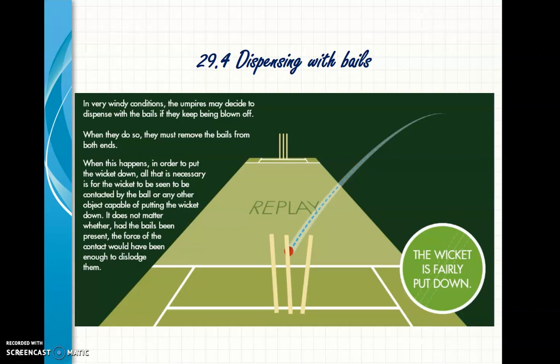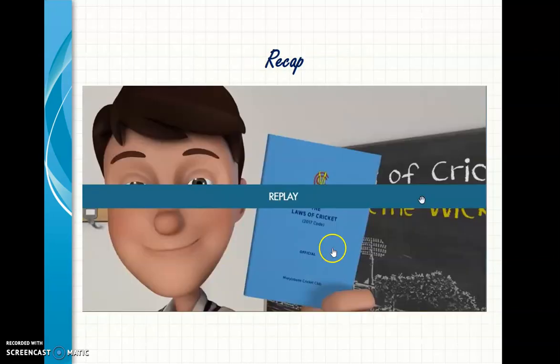And when this happens, in order to put the wicket down, all that is necessary is for the wicket to be seen to be contacted by the ball or any other object capable of putting the wicket down. It does not matter whether, had the bails been present, the force of the contact would have been enough to dislodge them. So that's it about Law 29.